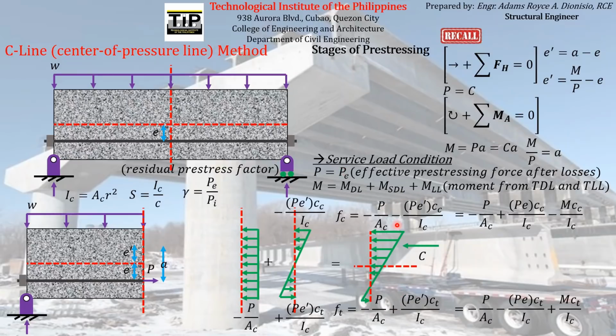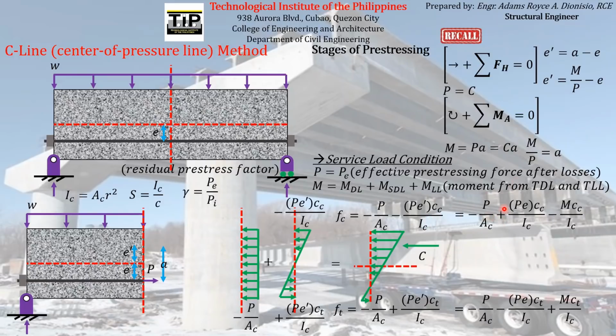So how did those formulas become equal? How can we say that they are equal?